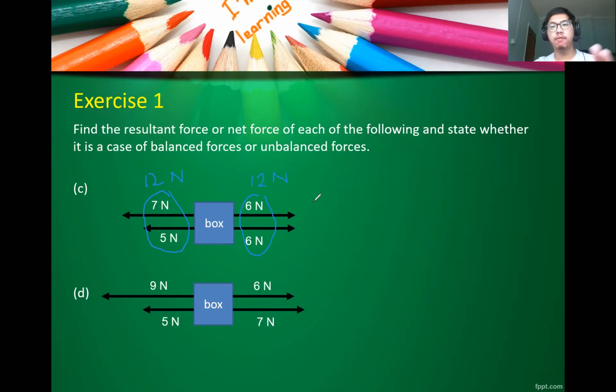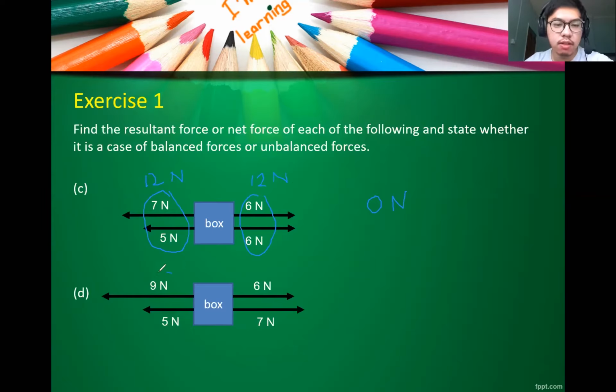You have a total force to the left of 12 and a total force to the right of 12, and these two forces will cancel out each other because they are the same magnitude. 12 minus 12, so the resultant force will be 0. There's no net force. From this, we can tell that the forces are balanced. They cancel out each other for C.